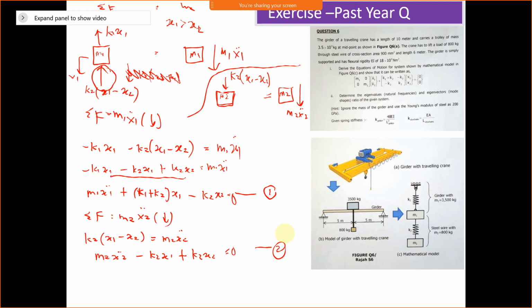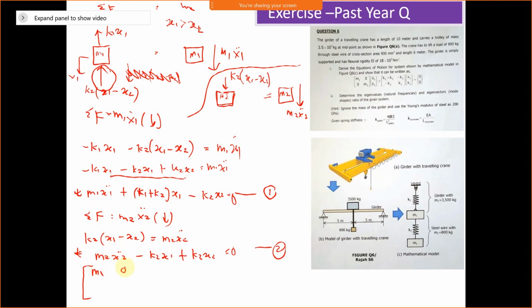Okay, so since kita dah ada dua equation, then kita boleh come out these two equation in the form of matrix. So macam ni kita nak buat. Dah belajar belum matrix? Pernah belajar ada matrix? Pernah kan? Okay, so kita boleh rearrange balik in terms of matrix, dan kita ada kat sini M1.